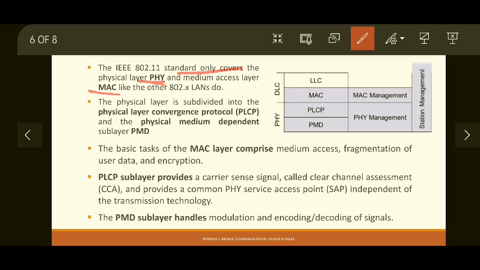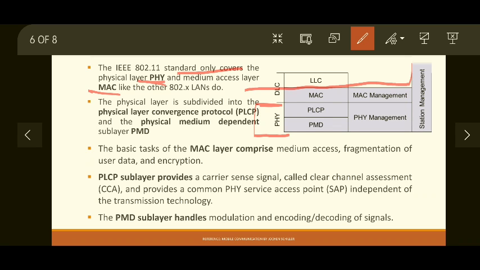You can see LLC is not covered in 802.11. Okay, the physical layer is subdivided into two sublayers. The first one is called the physical layer convergence protocol, abbreviated as PLCP, and the second is called the physical medium dependent layer, another sublayer abbreviated as PMD.